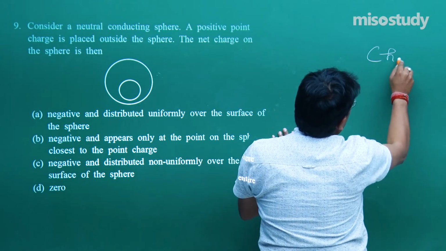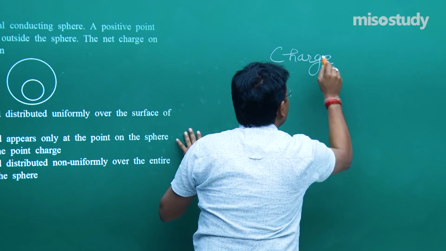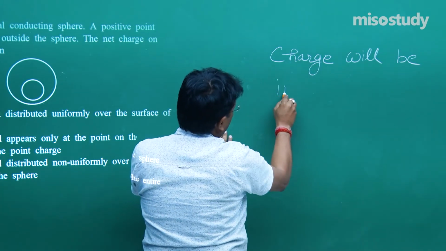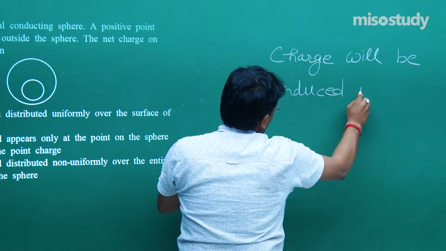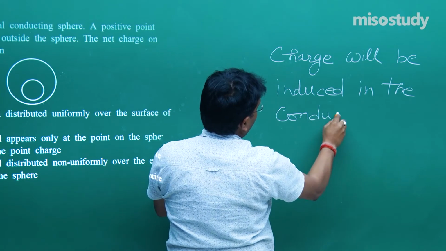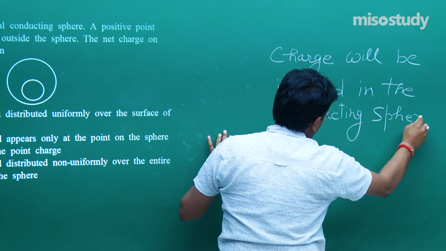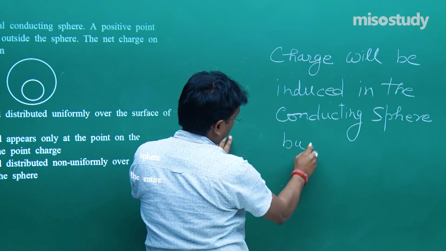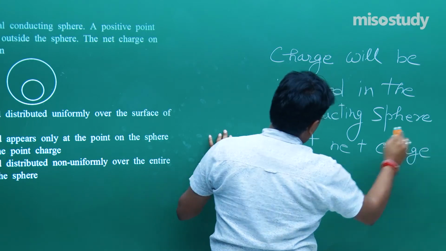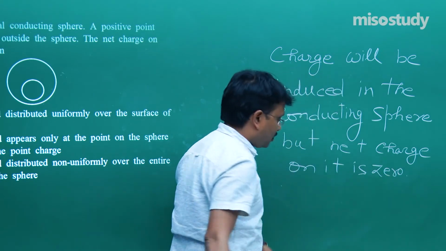So let me write down, charge will be induced in the conducting sphere. But net charge on it is 0.